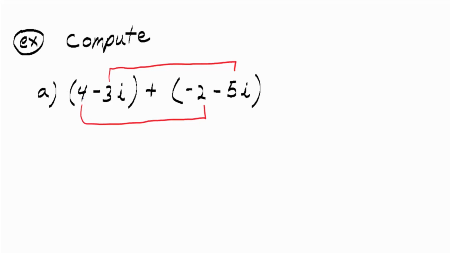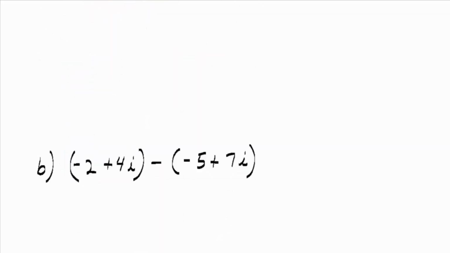So if you do that, what do you get? 4 plus a negative 2 is 2, negative 3i minus 5i is minus 8i. Is it really that easy? Yes, it's really that easy. I feel like I'm selling you a food processor for only $19.99. Complex numbers, it grinds up, adds them together. 2 minus 8i. Isn't that about how you'd want it to work if you were inventing the addition? Yeah. What else are you going to do?